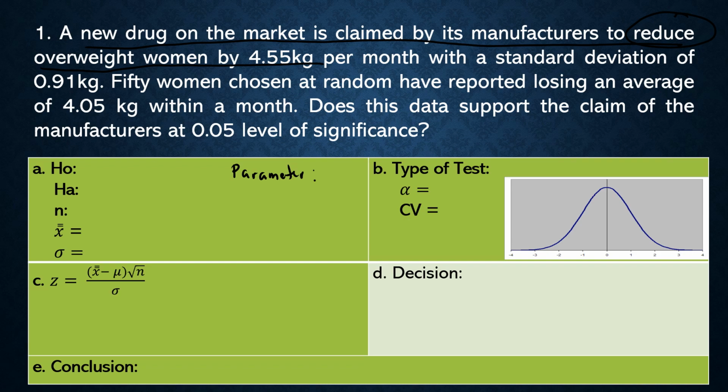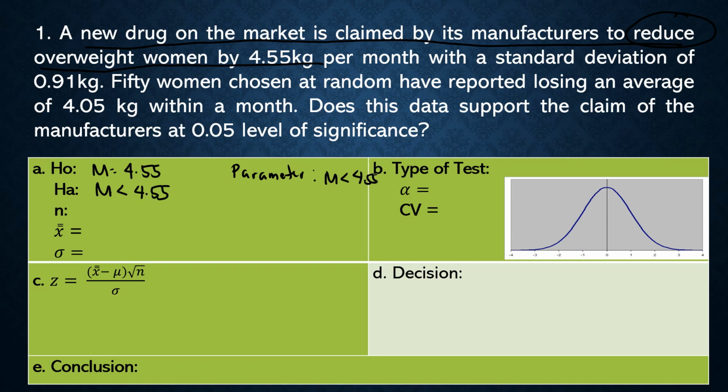So therefore, the parameter is mu less than 4.55. Now, if we transform that parameter into null and alternative hypotheses, the null hypothesis is always mu equals 4.55. And for the alternative hypothesis, we simply copy the parameter. So we have mu less than 4.55.